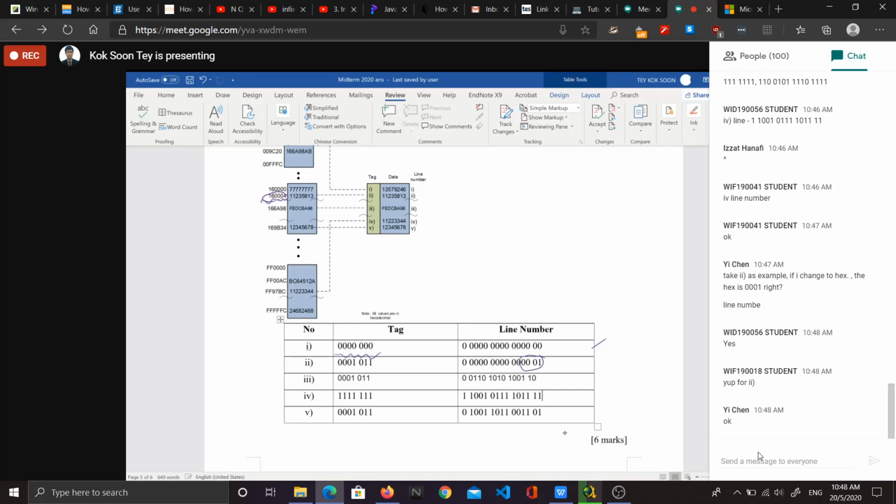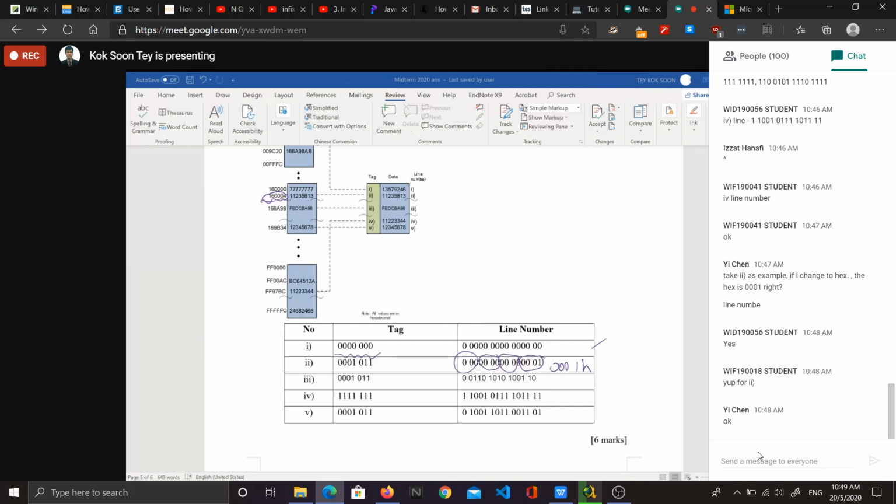If you put number 2, it should be 1, 0, 0. Yeah, correct. It should be 0001 if you put it in hexa. Okay. Any other questions?